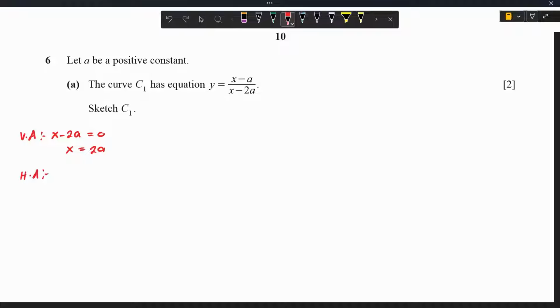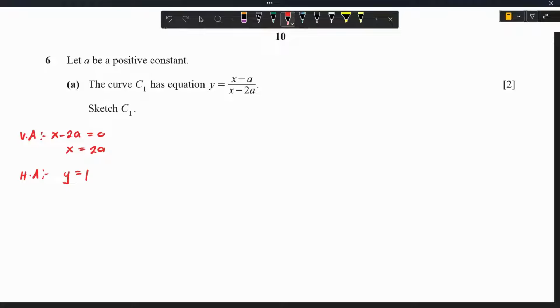Considering that the degree of the numerator is equal to the degree of the denominator in this particular case, the horizontal asymptote will take the form y equal to the ratio of the coefficients of the leading terms. The leading term for the numerator has a coefficient of 1, and the leading term in the denominator has a coefficient of 1. So 1 over 1 is 1. So y = 1 is the horizontal asymptote.